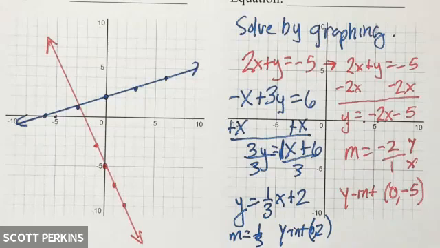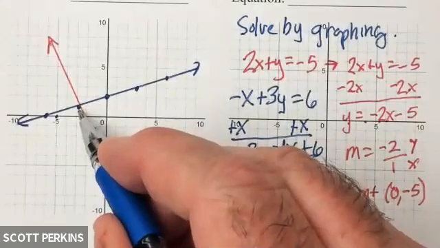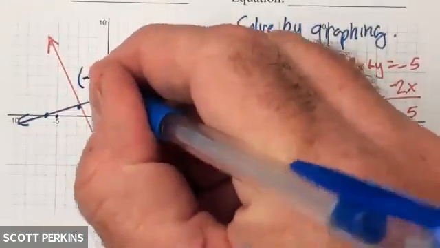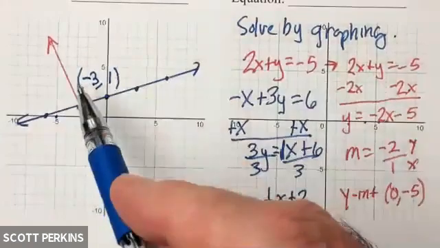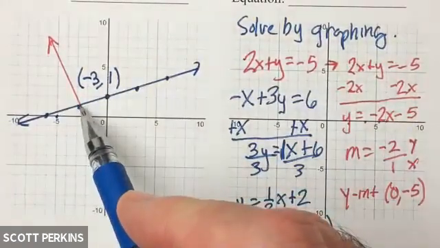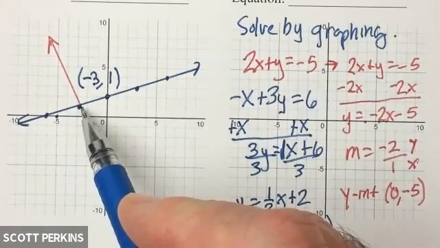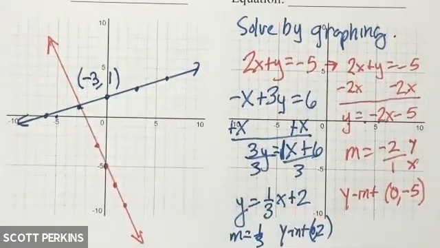The lines overlap, they intersect, they go over each other, however you want to phrase it. That's where those two lines crash into each other. So yes, the solution is this point right here, which has been identified as -3,1. That's great. And the reason that we found that is because that's the point where the two lines intersect. So pictorially, what we're doing when we find the solution to a system of equations is we're finding where the two lines intersect.